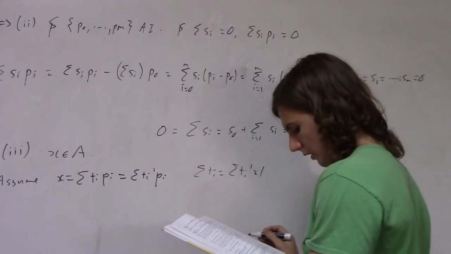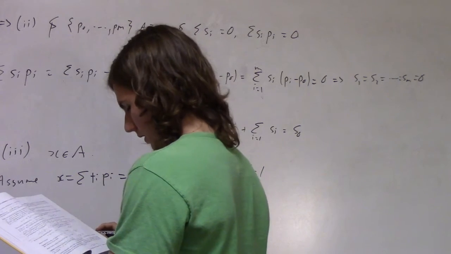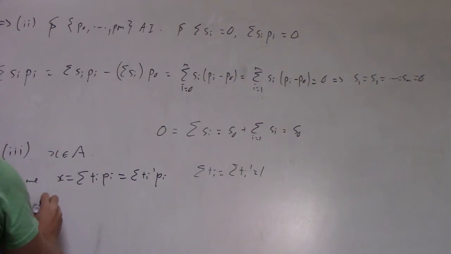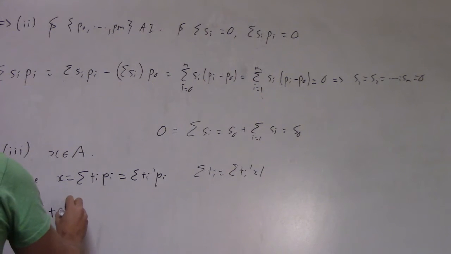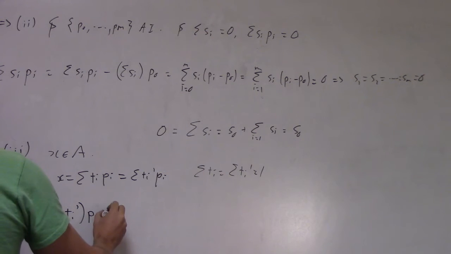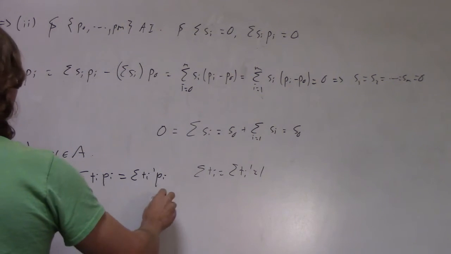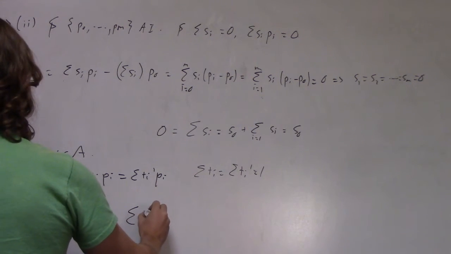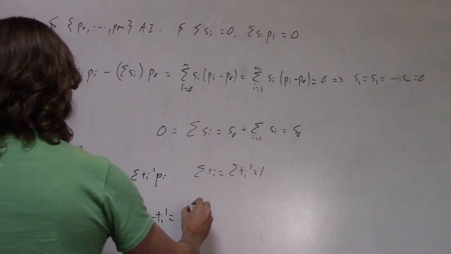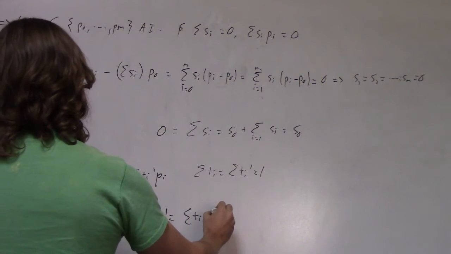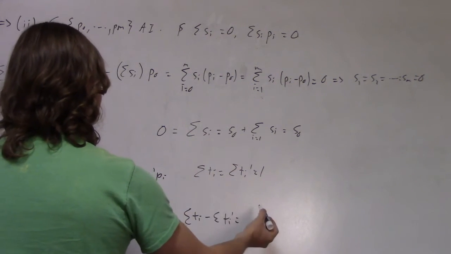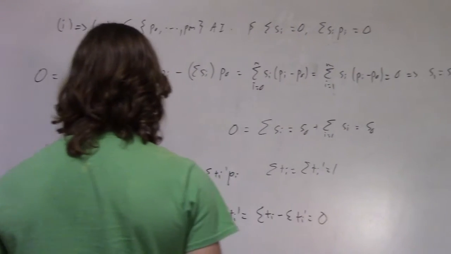Okay. Therefore, subtract both of these, we get 0 equals the sum of (ti minus ti prime) times Pi. But also the sum of (ti minus ti prime) is going to be equal to the sum of ti minus the sum of ti prime, which are both equal to 1, which makes this equal to 0.